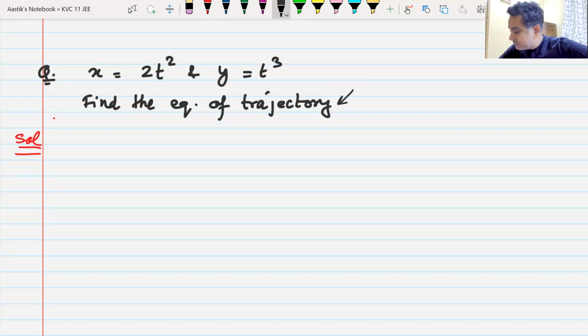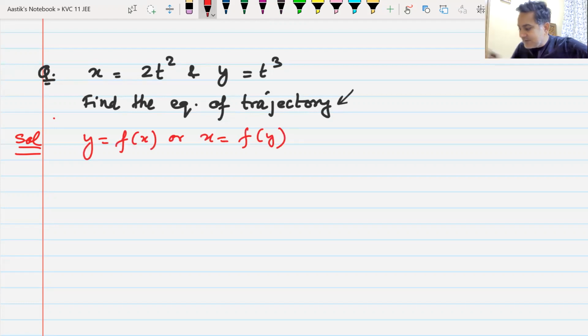I'll do it then. How do I find the equation of trajectory in this case? Well, it's quite simple. What I need to do is find y as a function of x, or find x as a function of y. Basically, I have to find a relation between x and y.